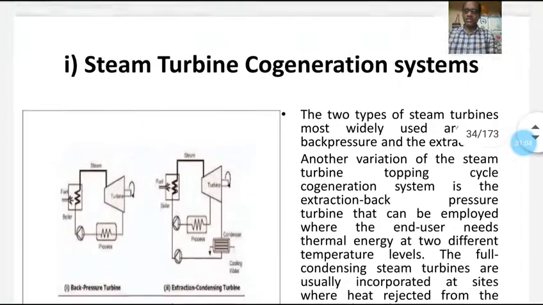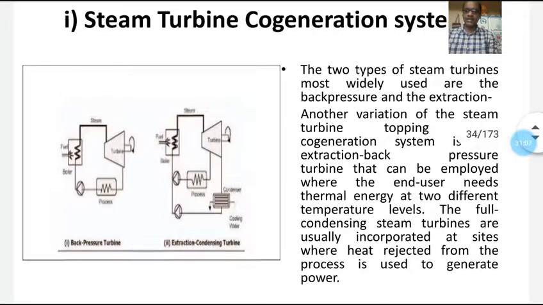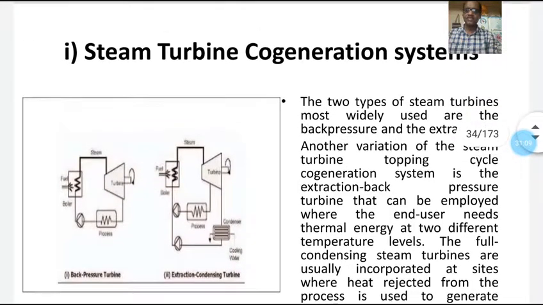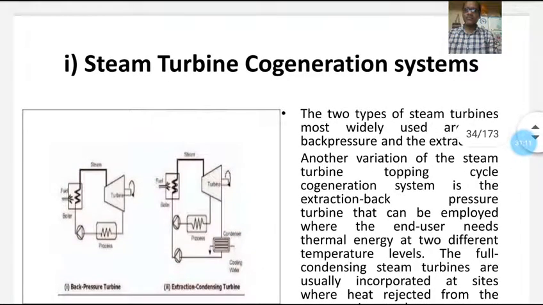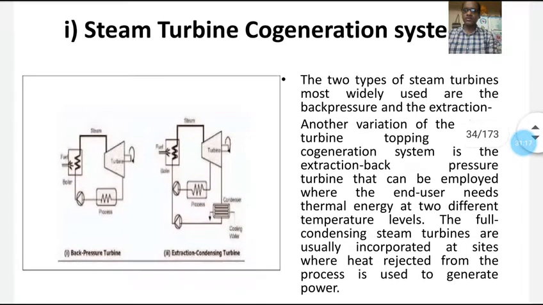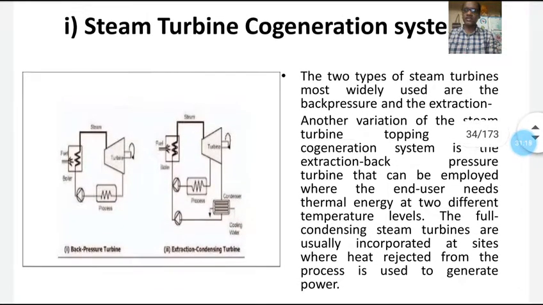But it is advantageous as the industry cannot depend on the electricity board. If they are in a chemical industry, there are a lot of waste materials which they can use as fuel to run the boiler, and they need the process heat also for their various chemical processes.